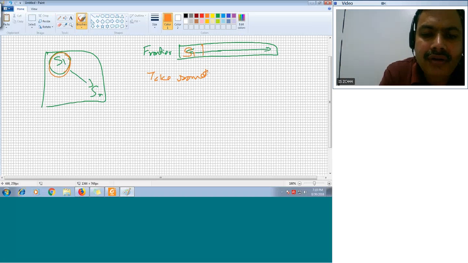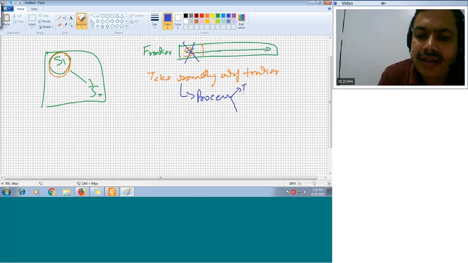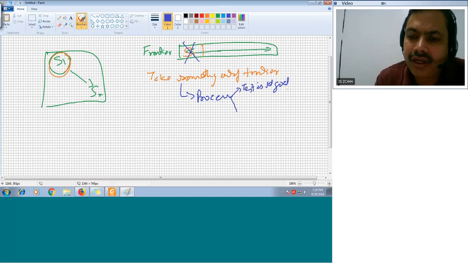something out of the frontier. This would delete this item, and then you process it. What does processing mean? Processing means test: is it the goal? If it is the goal, then you say okay, I am done.